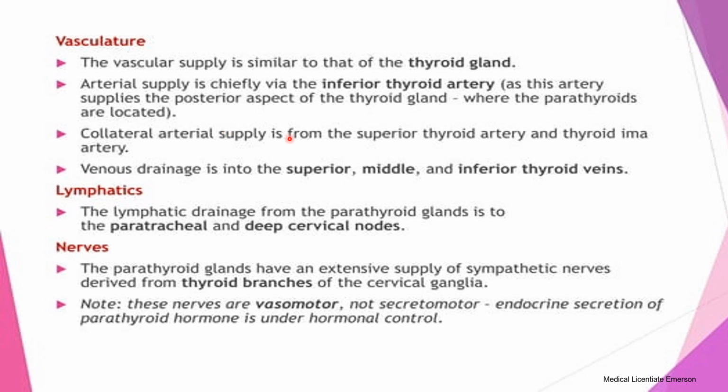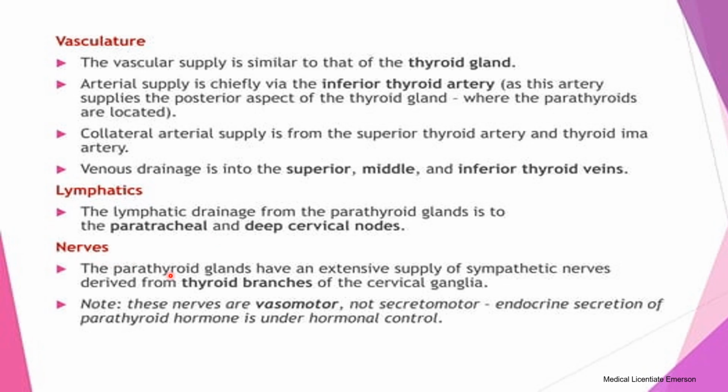Then collateral arterial supply is from the superior thyroid artery and thyroid ima artery. Venous drainage is into the superior, middle, and inferior thyroid veins. In terms of lymphatics, the lymphatic drainage from the parathyroid gland is to the paratracheal and deep cervical nodes.